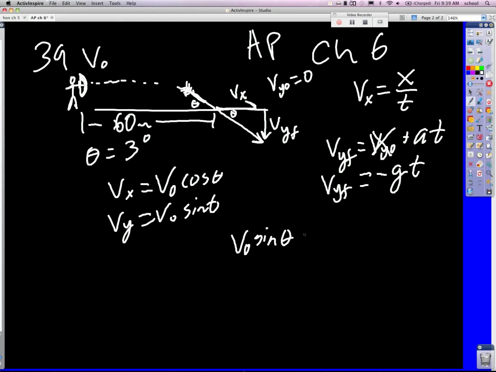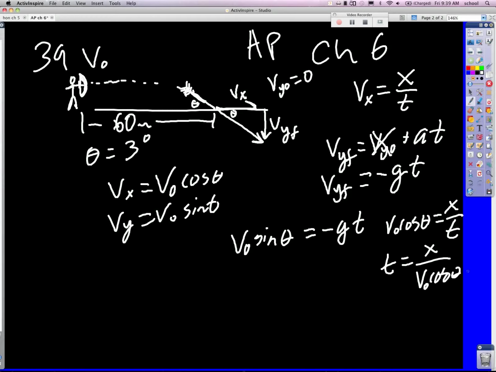So what I'm going to do is say t is equal to x over V0 cos theta, and then plug it in. So we have V0 sine theta is equal to negative g times x over V0 cos theta.